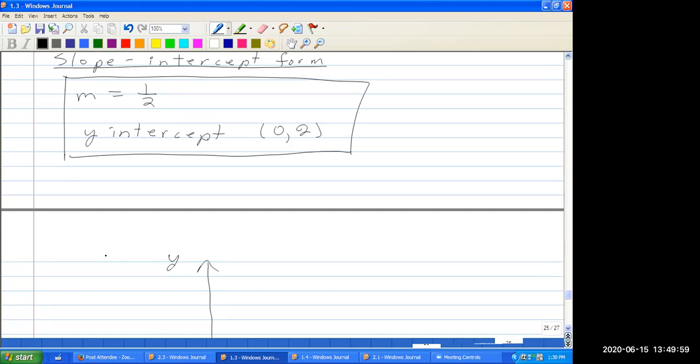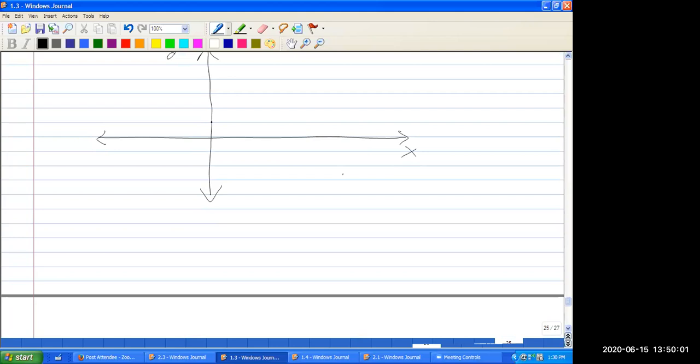And so we have a run of 2 and a rise of -1. And so it should look something like the following.